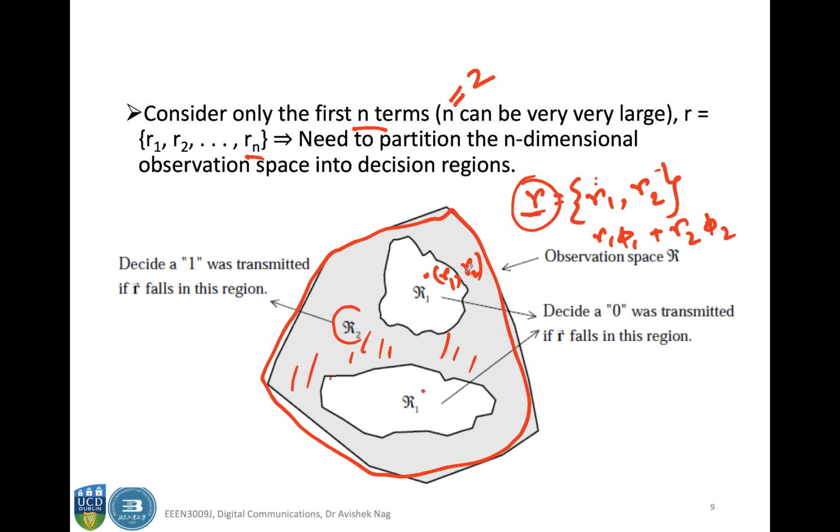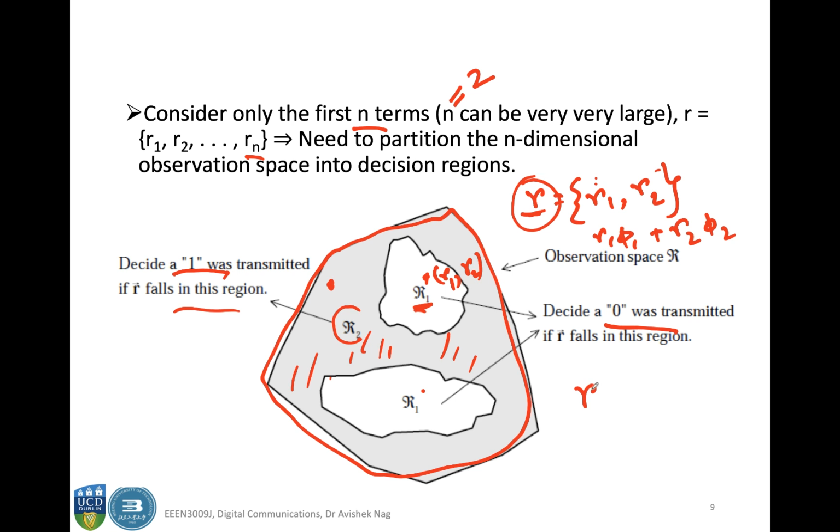Based on your R1 and R2, if your signal falls within the region capital R1, then you decide that a 0 was transmitted. But if it falls within capital R2, then you decide that a 1 was transmitted. So the rule is very simple.